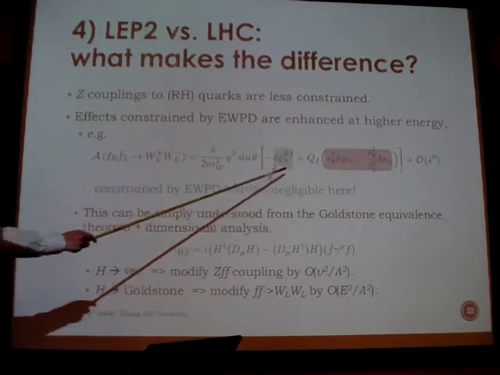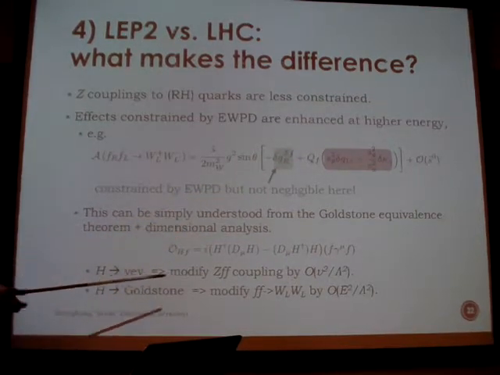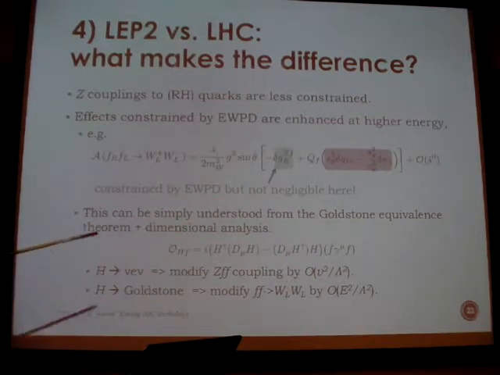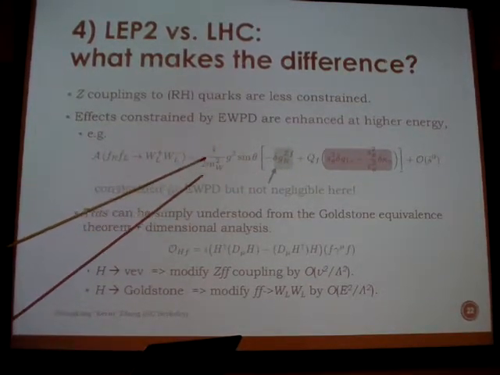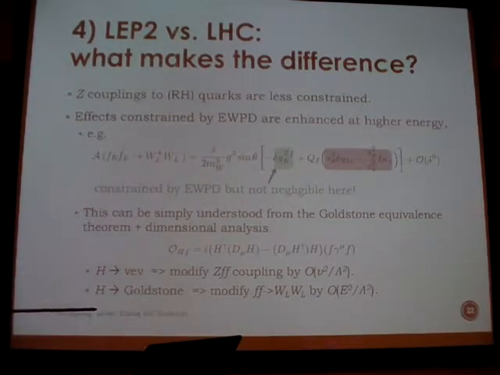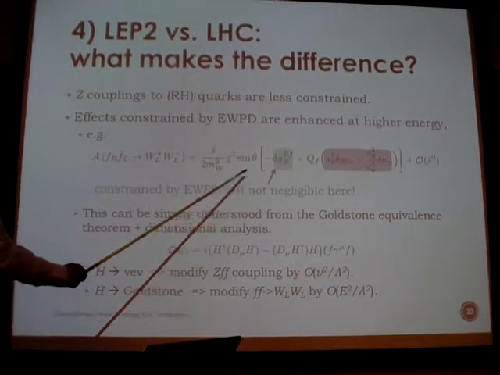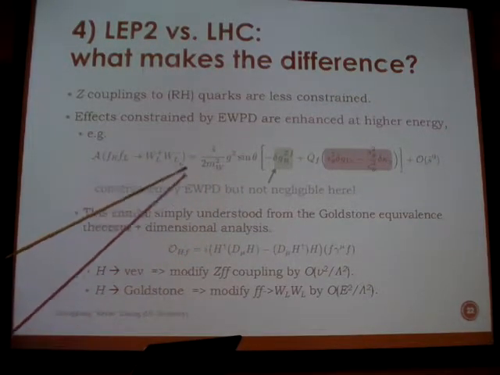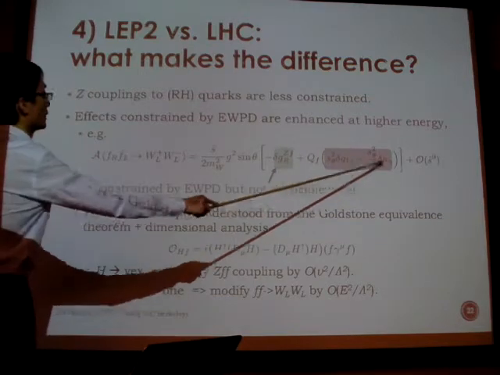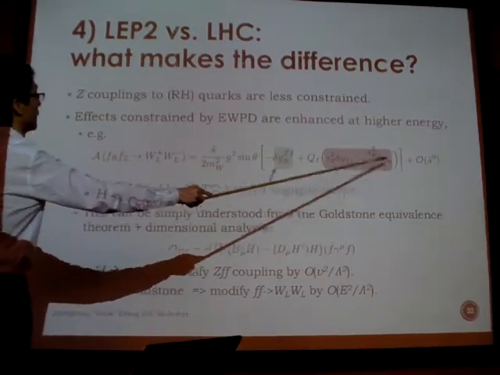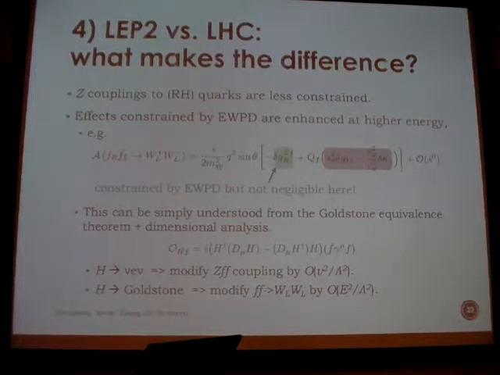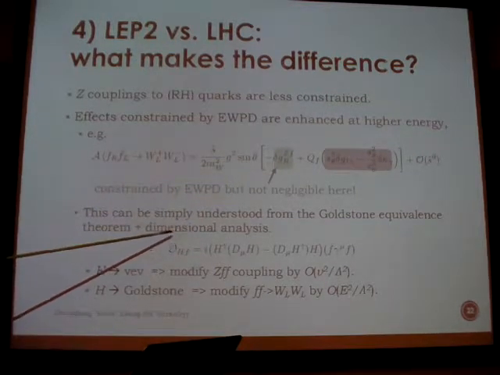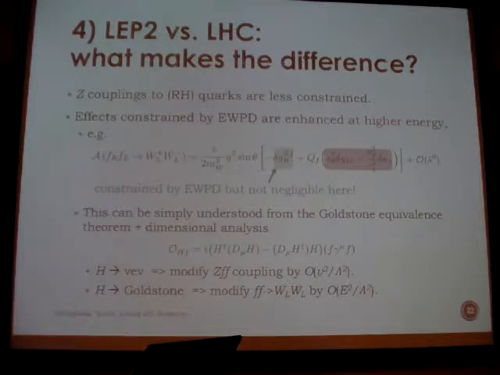So this parameter is indeed constrained by electroweak precision data, but its contribution to double gauge boson production is actually not small because of the high energy enhancement. So in this case, we really cannot interpret this process as giving us information only on these 2 parameters, but it's really on the combination of all 3 parameters. And in fact, the reason why this is the case can be simply understood from the Goldstone equivalence theorem and dimensional analysis.